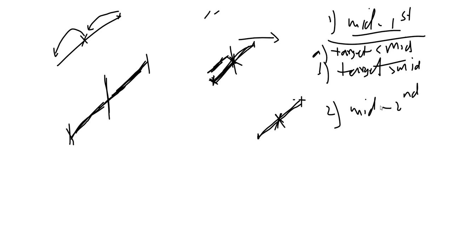If it does not fall on the first part, it does fall on the second part. If I compare my mid with the beginning, if it is less than, then I know that it falls in the second part. So here I will have two sub cases.